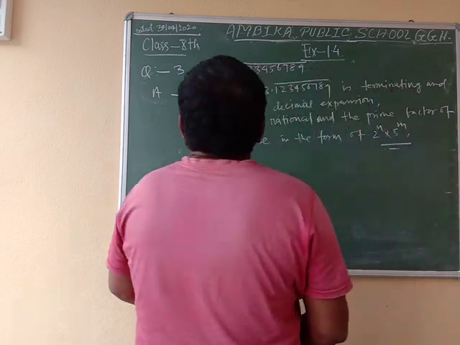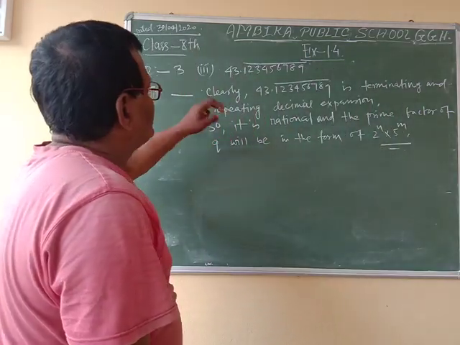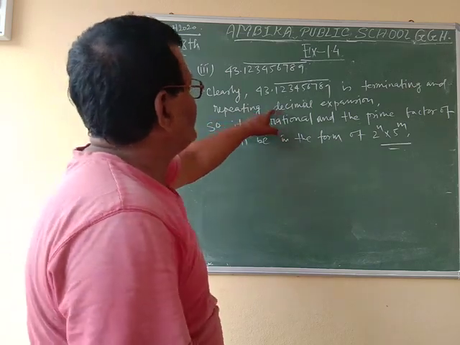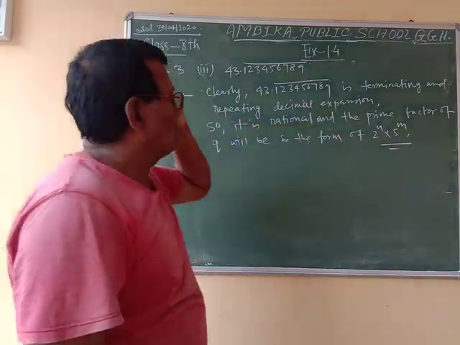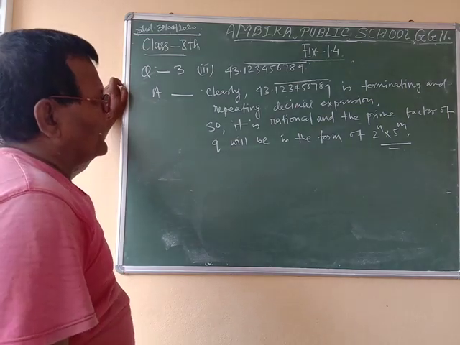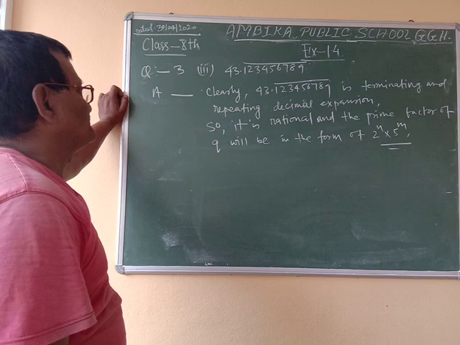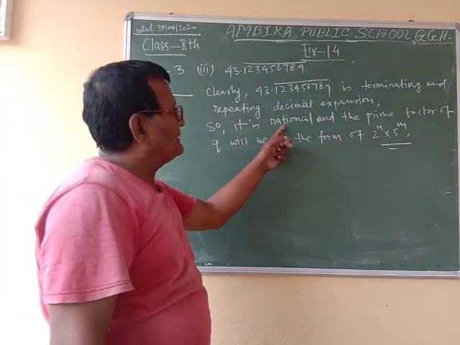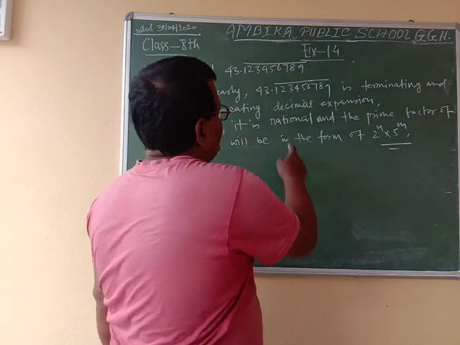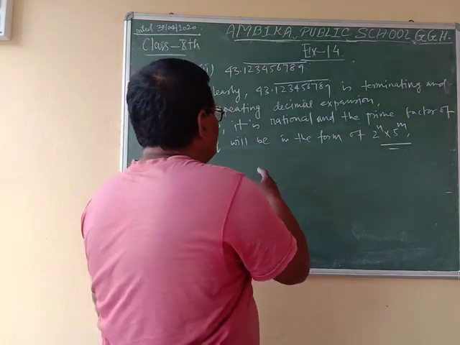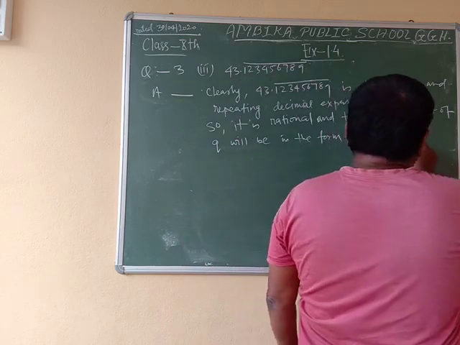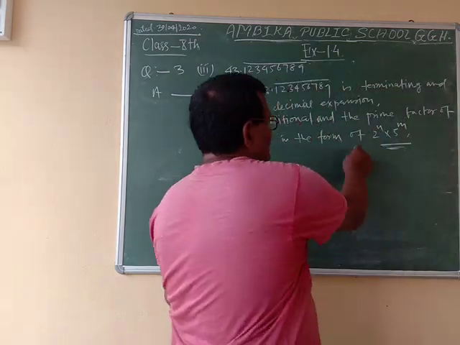Clear? Here we see that the given number is a non-terminating and repeating decimal expansion. We know that a repeating decimal is a rational number. So it is rational. If it is rational, then the prime factors of its denominator will be in the form of 2 to the power n into 5 to the power n.